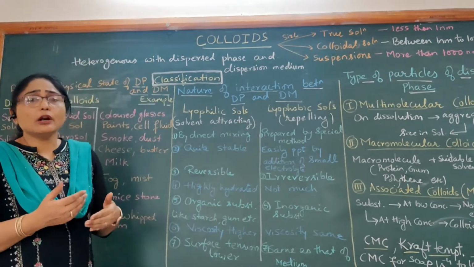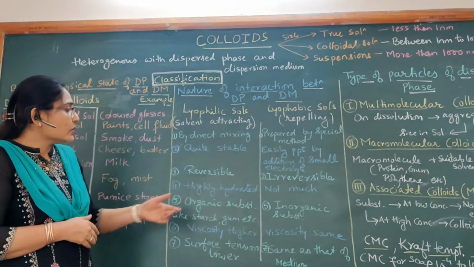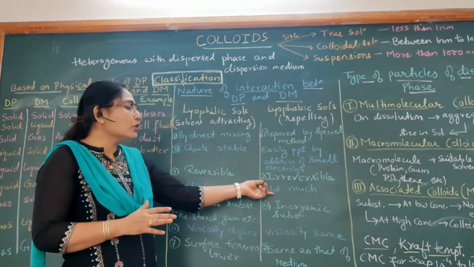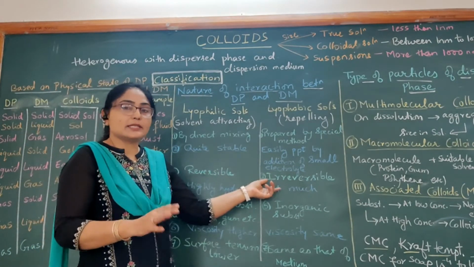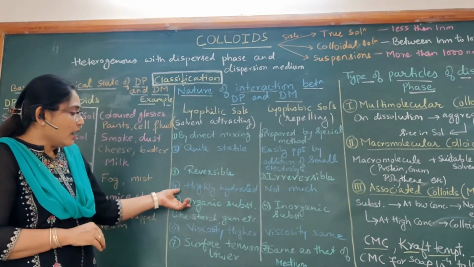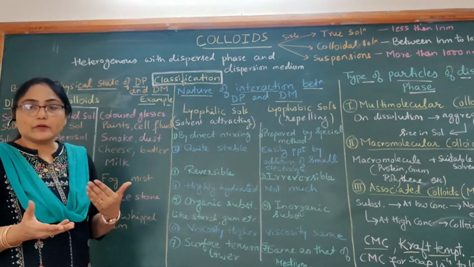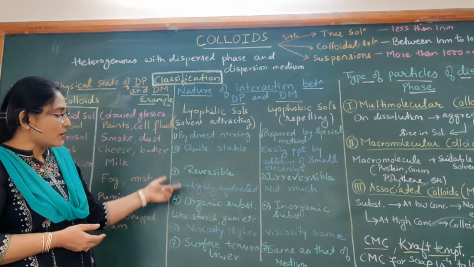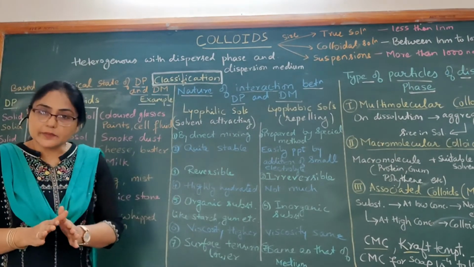So lyophobic salts are irreversible salts. Then, what about hydration? Lyophilic salts are highly hydrated, but these are not much hydrated. Then, what is the nature of the substance? Lyophilic salts are all organic substances.